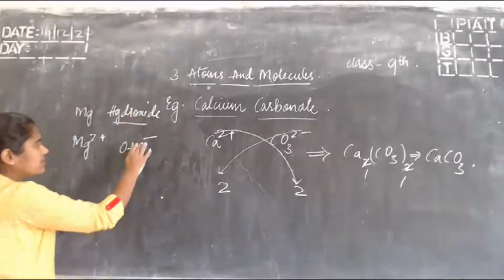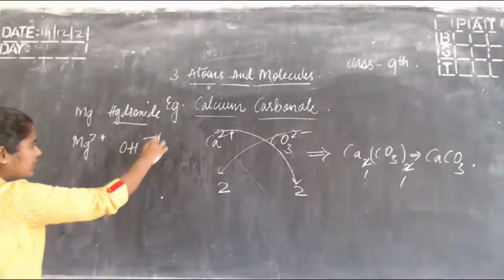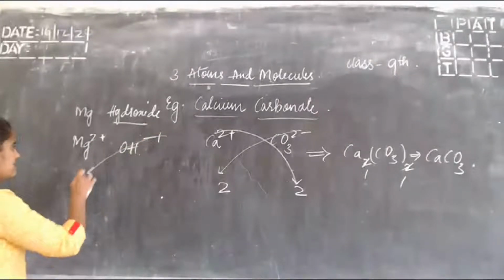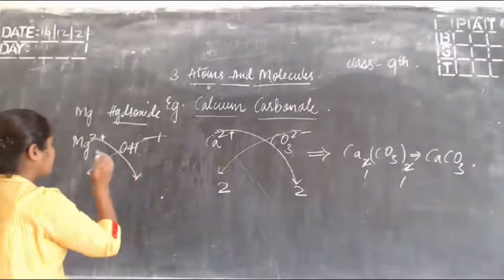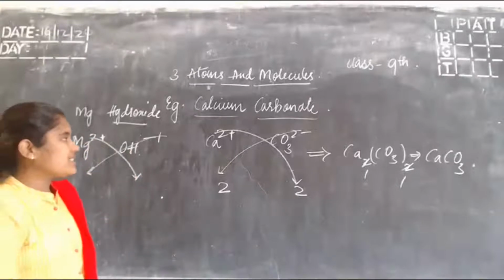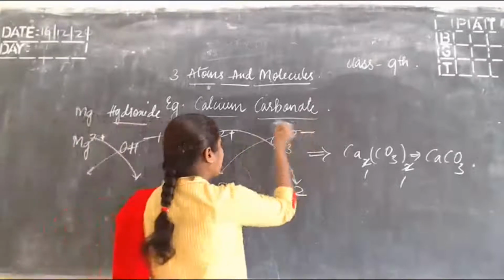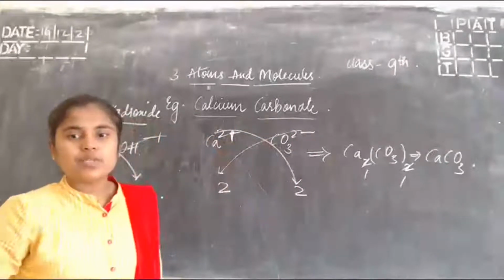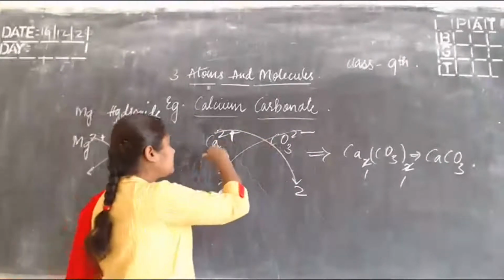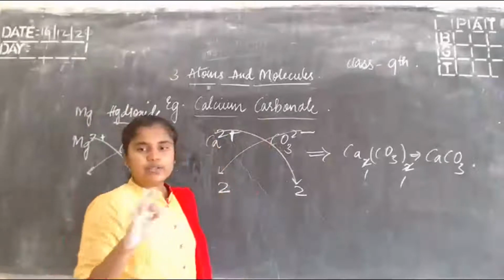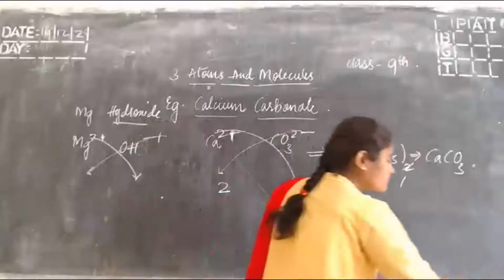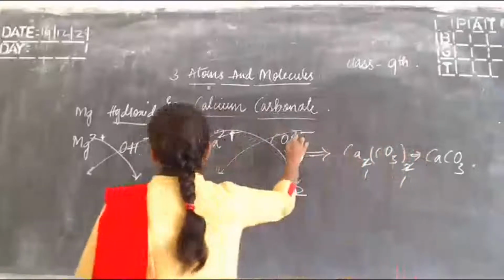Simple minus means -1. So just bring this -1 to this side and 2 to this side. The question comes: what do the symbols minus and 2 plus indicate? They only indicate the charge present on that atom of that element. So no need to bother about the charges; you only need to consider the numbers.